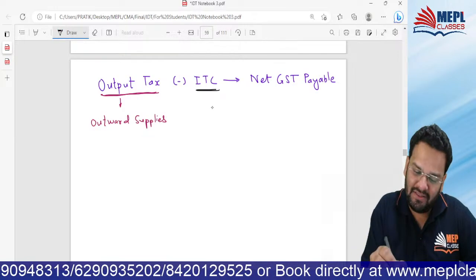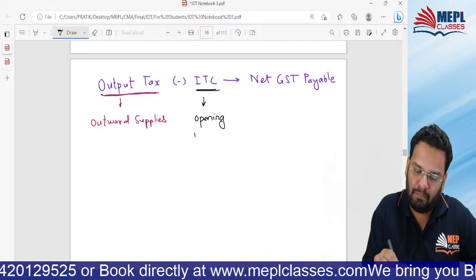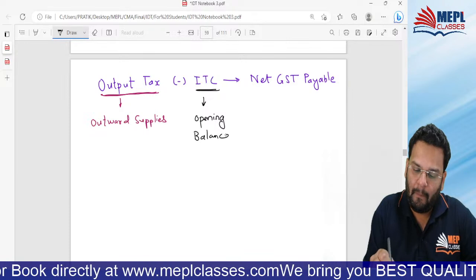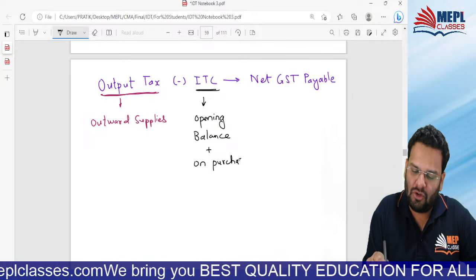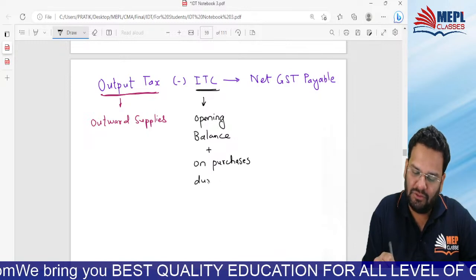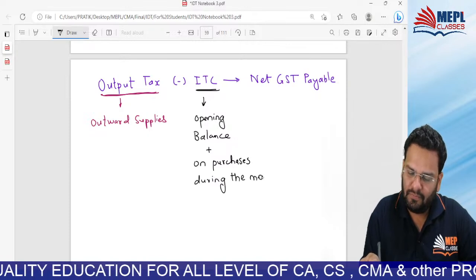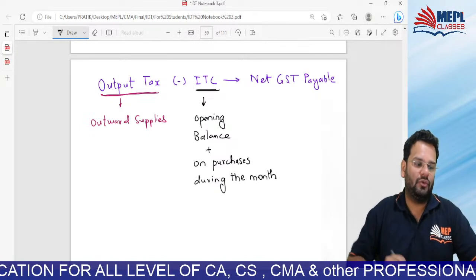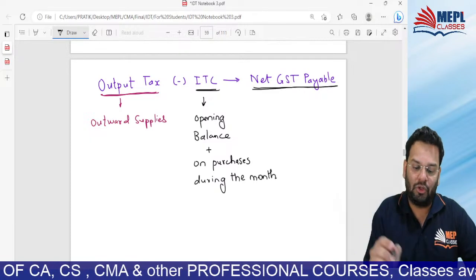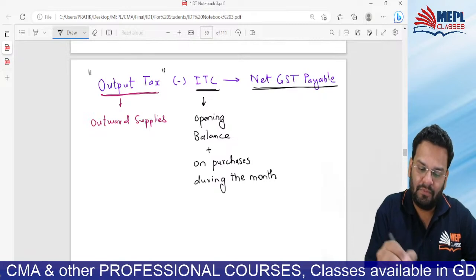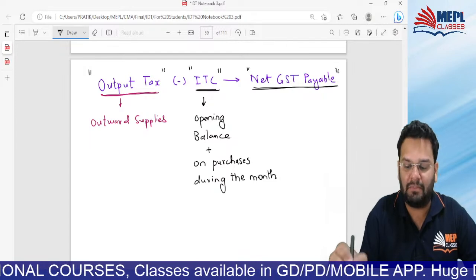There is an opening balance plus on purchases during the month. Yes or no? So this way you will get net GST payable: output tax minus input tax credit. That will give you net GST payable.